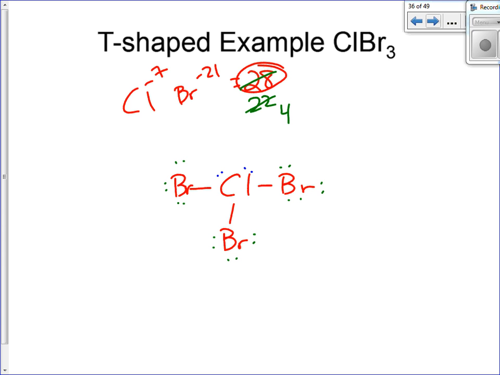There's one 180 here and a 90 here. So it literally forms a T shape. Two lone pairs, three things attached. This angle is going to be 90. The other should be 180. From the symmetry, this one would definitely be asymmetrical, polar.